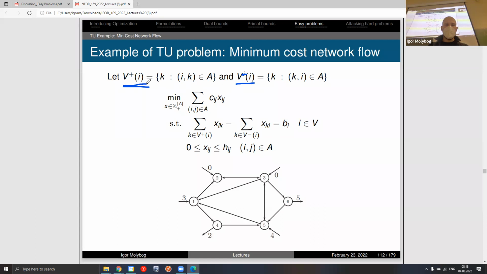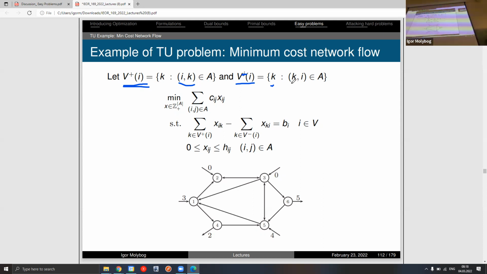The v plus of I is the set of nodes to which you can get from I, so it's the set of vertices k such that there is an arc that goes from I to k. And v minus of I is the set of vertices k such that there is an arc that goes from k to I. So from v minus you can come into I, and into v plus you can get from I. These are the vertices.